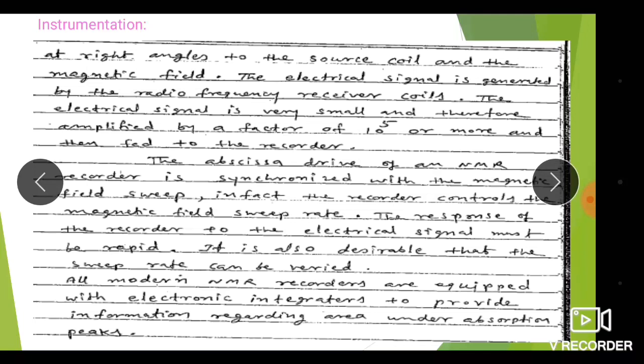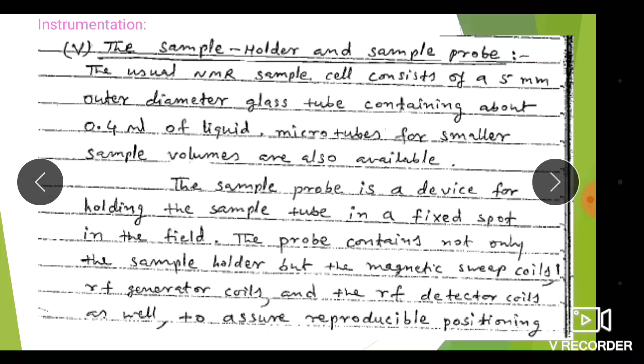The response of the recorder to the electrical signal must be rapid, and it is also desirable that the sweep rate can be varied. All the modern NMR recorders are equipped with electronic integrators to provide information regarding the area under the absorption peak. So what is the use of this? It provides the area under the absorption peak.